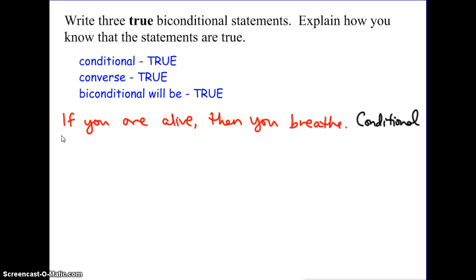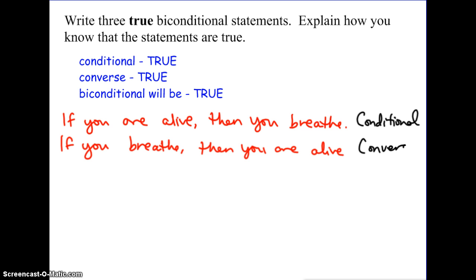Then, let's do the converse. If you breathe, then you are alive. So that's our converse. So now what we're going to do is we're going to combine these two and write a biconditional statement. You are alive if and only if, so it's an if with an extra F, you breathe.